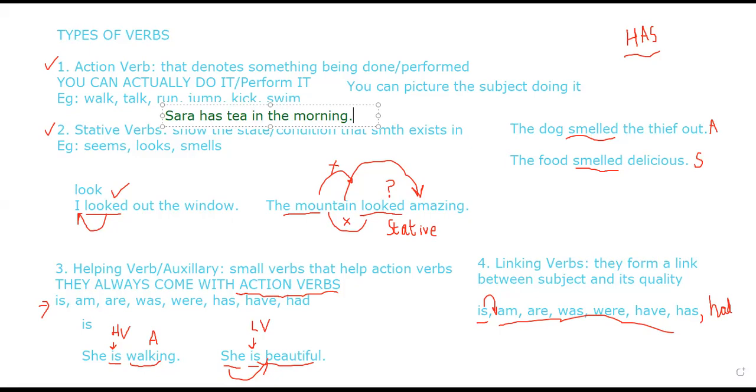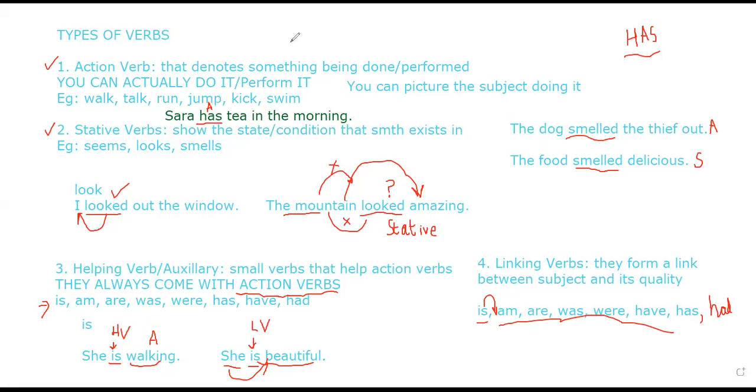I have breakfast in the morning. I have breakfast at 8. Okay, so Sarah has tea in the morning. Now, has is an action that she is performing over here. She is having tea. Okay, it's said in a wrong manner that she drinks tea, but has over here does mean drink, and it's an action. Has over here is the action that Sarah is performing.